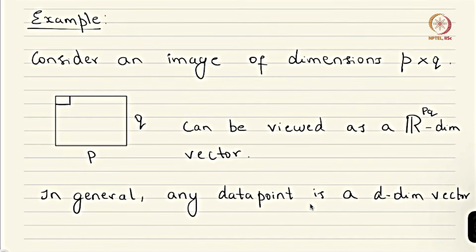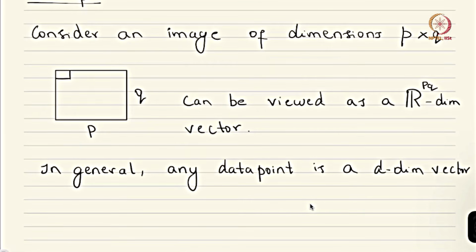Okay. So now in the probabilistic viewpoint, this R^D is actually the range space of the underlying random variable, which means every data point that we have, or rather every image that we see, is an element in the range space of some underlying random variable that we are interested in.